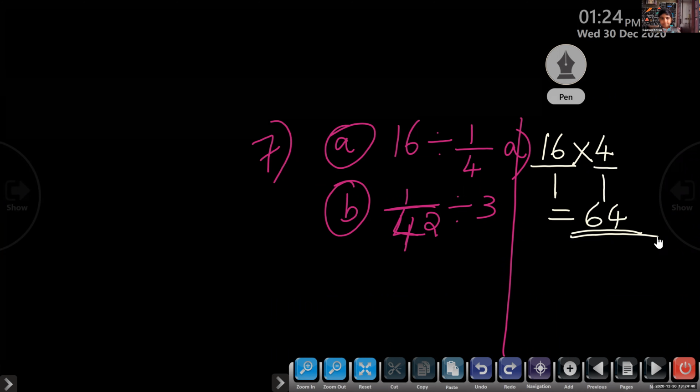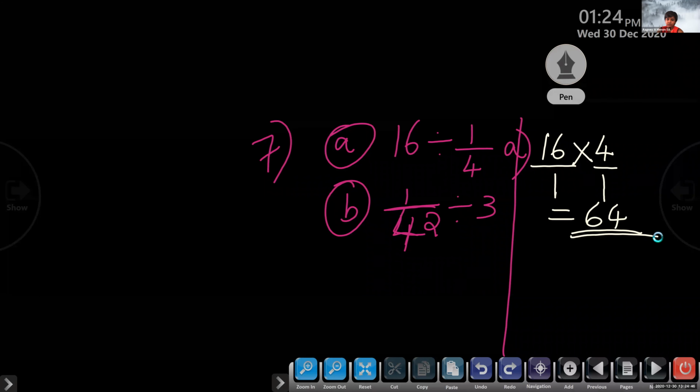Ma'am, I wrote 16 into 4. Yes, we can write 16 into 4. Because for division we will multiply with the reciprocal. What's the reciprocal of 1 by 4? That is 4. 64. Okay, next one.